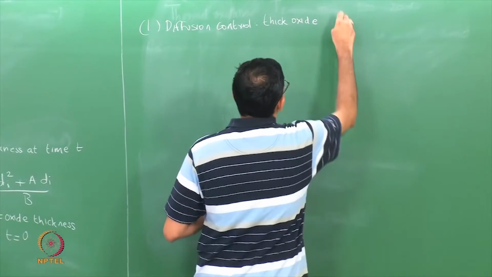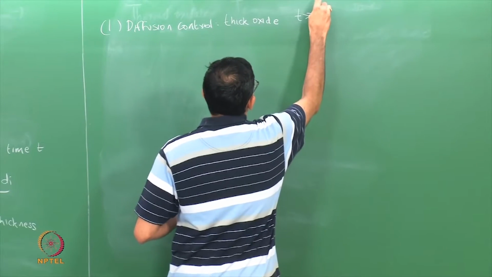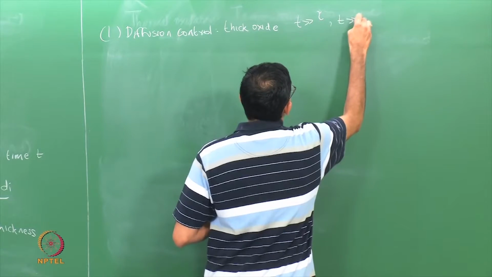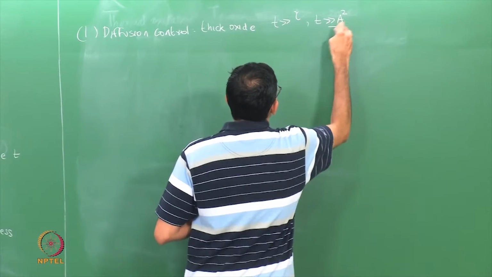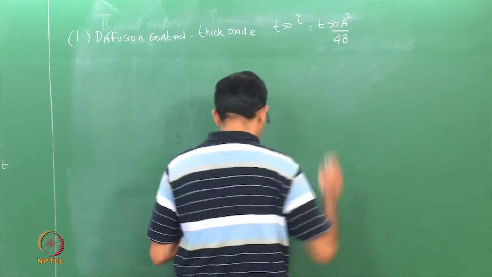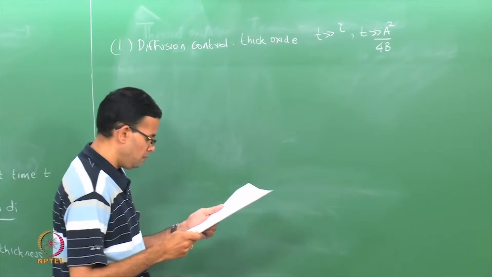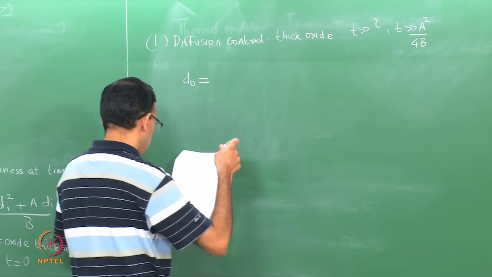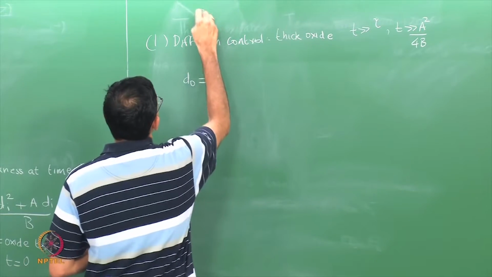In this particular case, t is much larger than tau and t is much larger than A square over 4B. If you use those assumptions in the general equation, so let me write the general equation down.